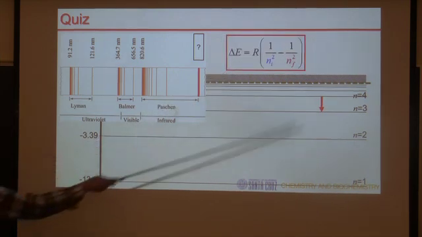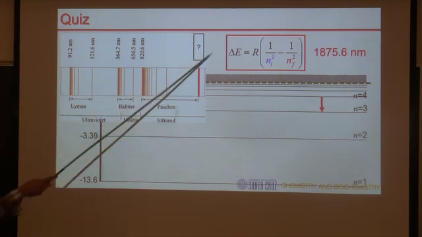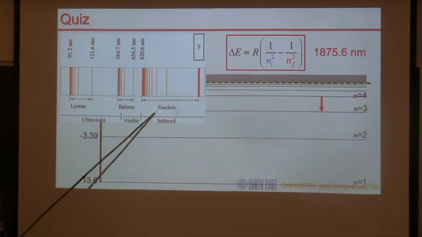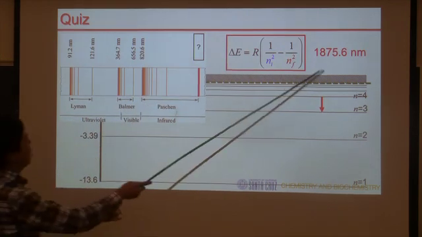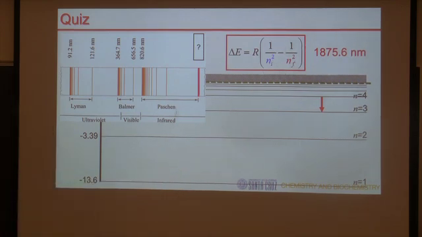Use this equation, you plug in, do you get that number? And actually, this number is covered by the professor. This is actually a picture directly copied from the textbook. And the textbook says 1876.0 nanometers. Okay. So, the importance of reading the textbook. Okay. All right, any questions about this?